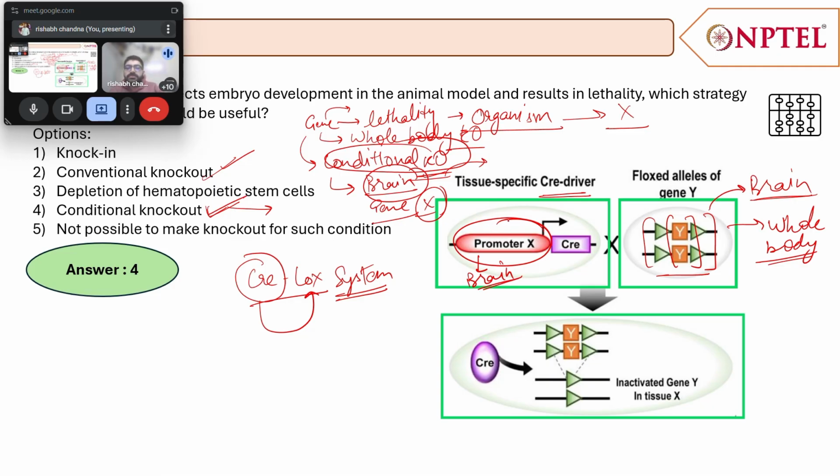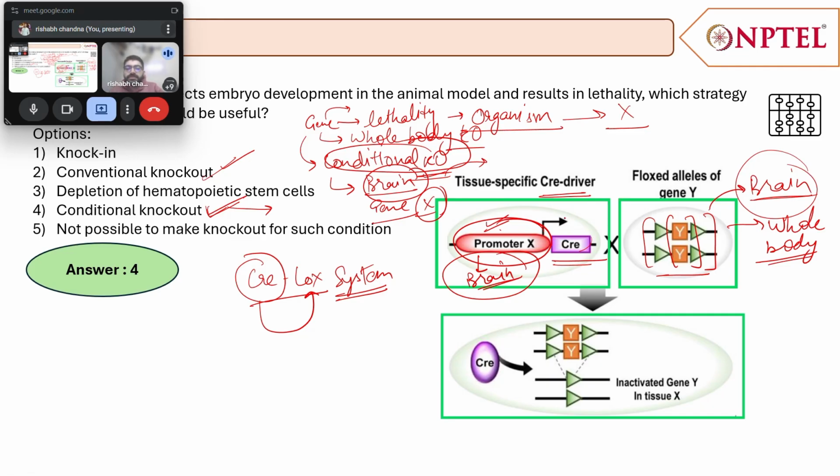So this promoter will only be expressed in the brain, which means the Cre recombinase will be expressed in the brain itself. It will not be able to express itself in the liver or any other part of the body.